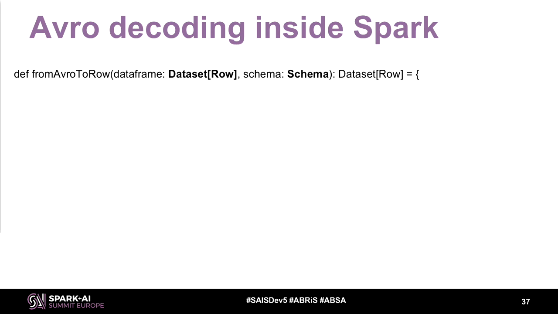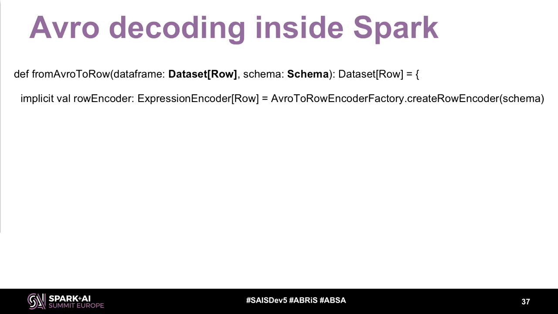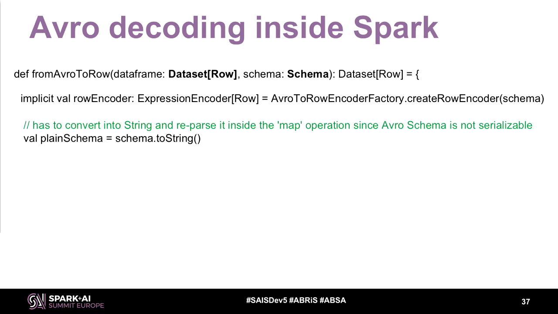So talking about from Avro, this is the dual method of that other one. We receive the data frame and also the schema. We have another layer called schema registry before this method is called. We get the encoder for the schema because Spark needs to know the schema so it can do shuffling, for instance.